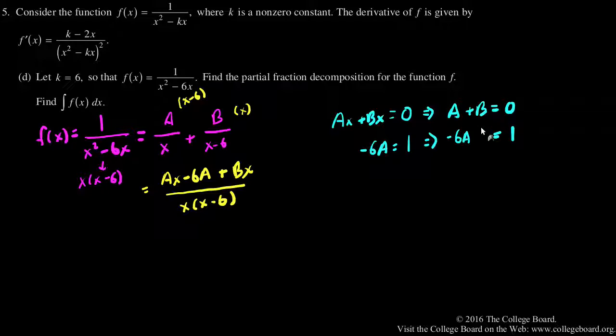And this is an extremely easy system to solve. I'll just go through it. We already have this in terms of one variable, so I know right off the bat that a is equal to negative 1/6.